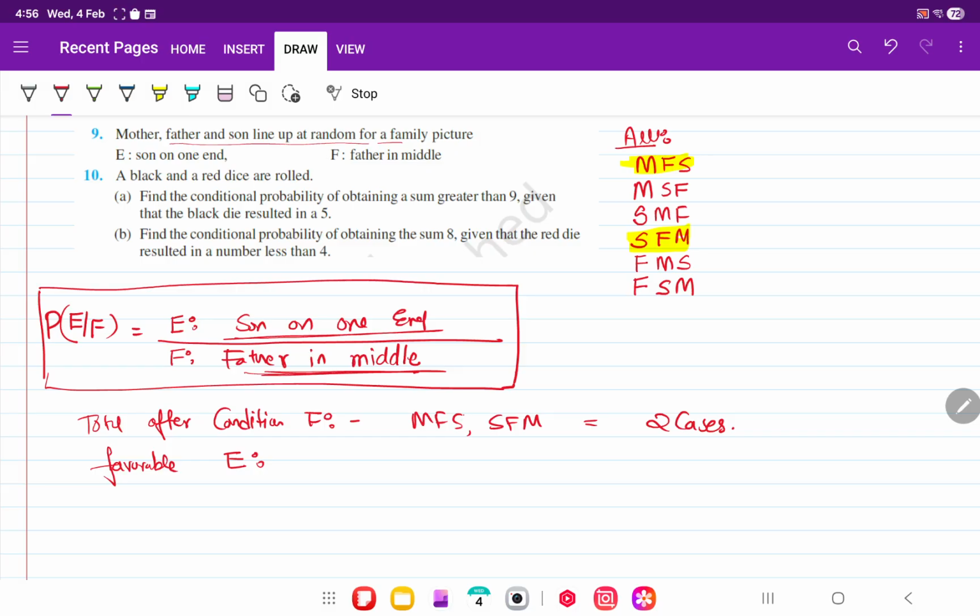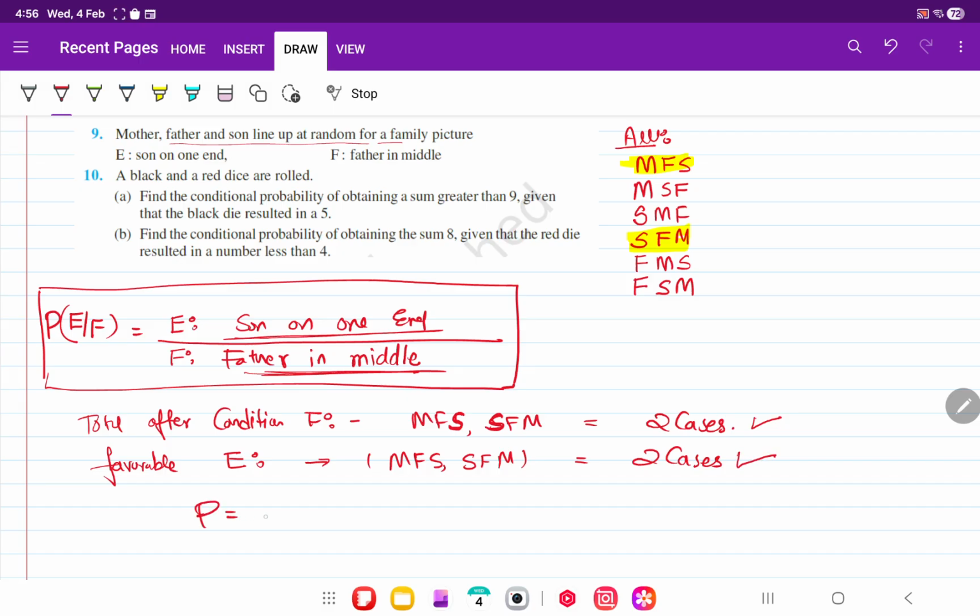See, in both cases son is at an end, one on the right and one on the left. So in both cases, E will be satisfied. Understood? So in the condition there are two cases and both are favorable.